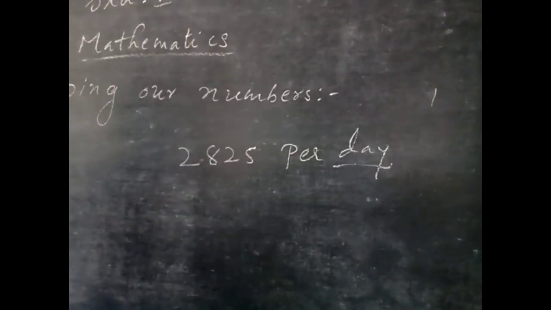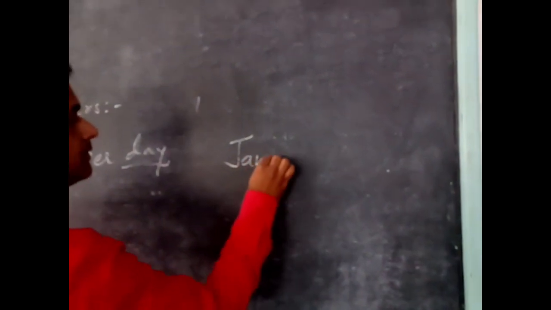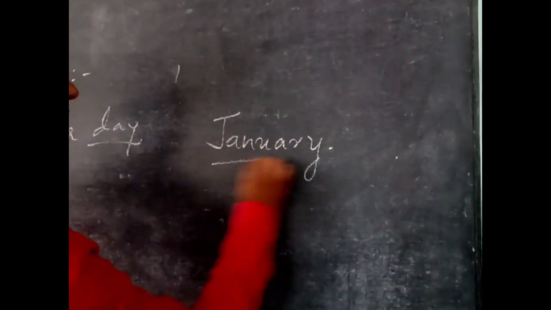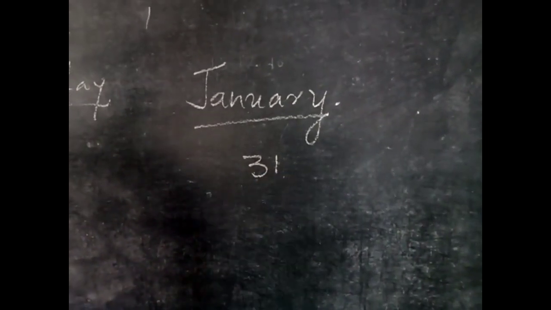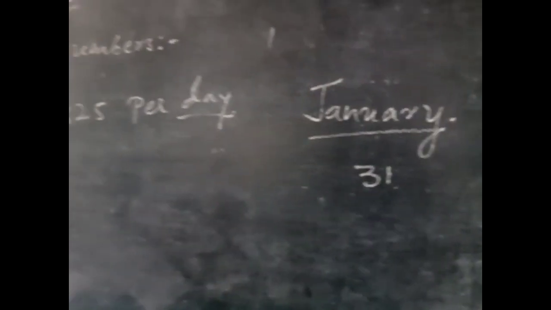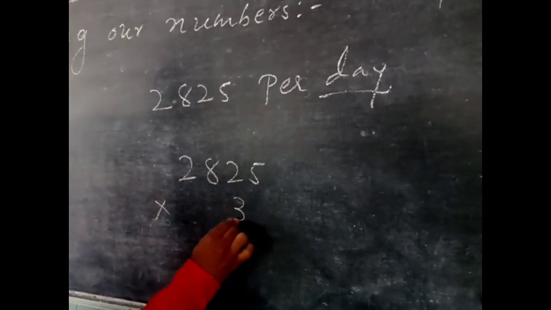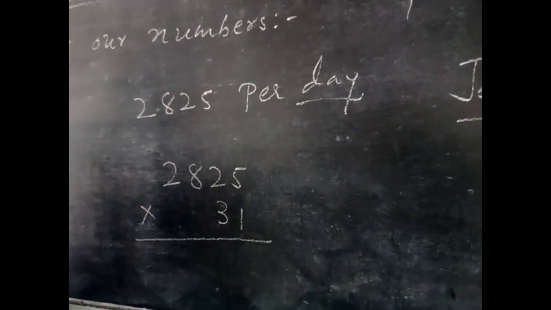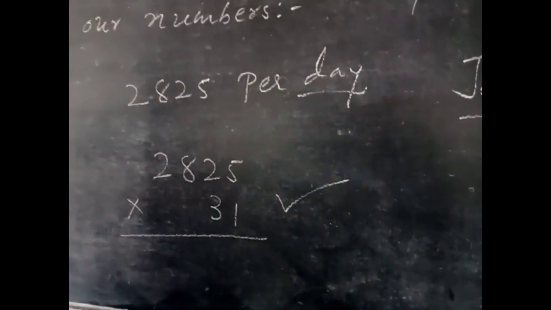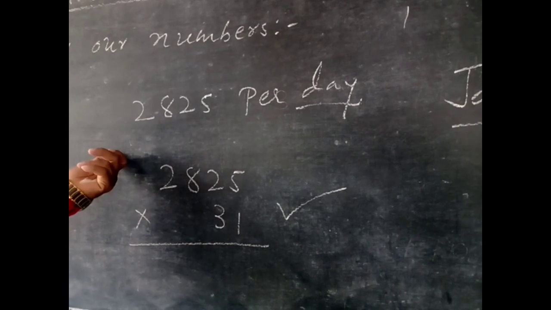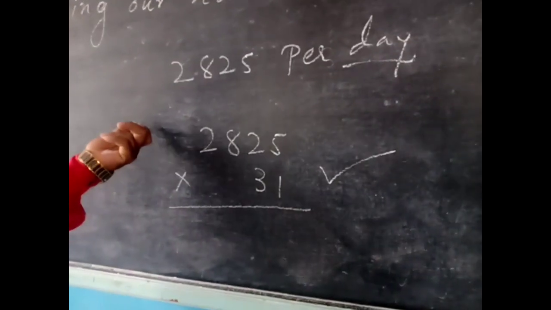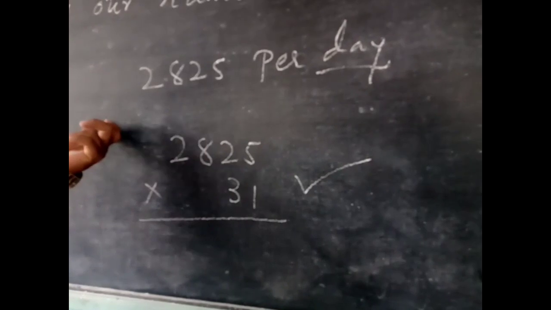Now, in the month of January, how many days are there? Anybody can say? 31 days. Is it clear? So 2,825 multiplied by 31, and we get the answer. So can you do it yourself? Sure? Okay. Very good. So please do example number 6 by doing the multiplication yourself.